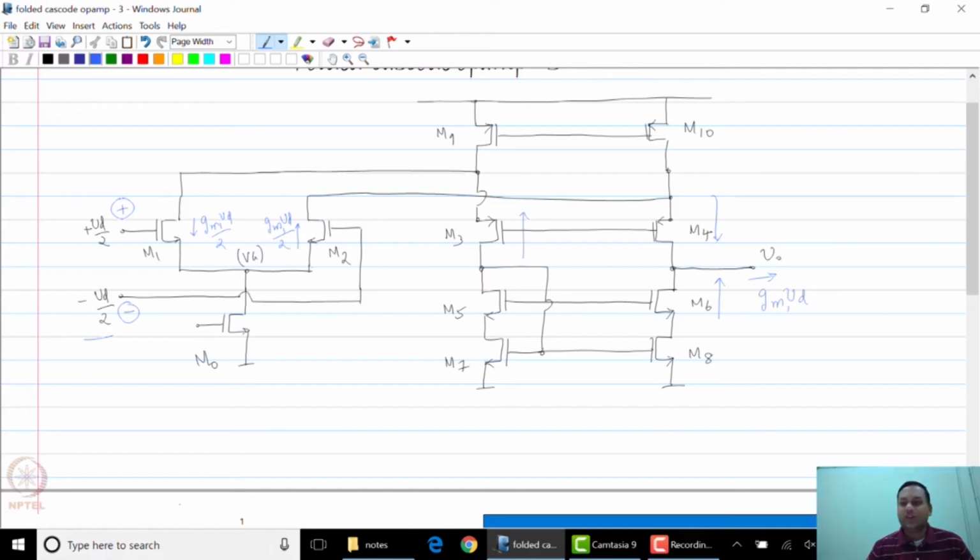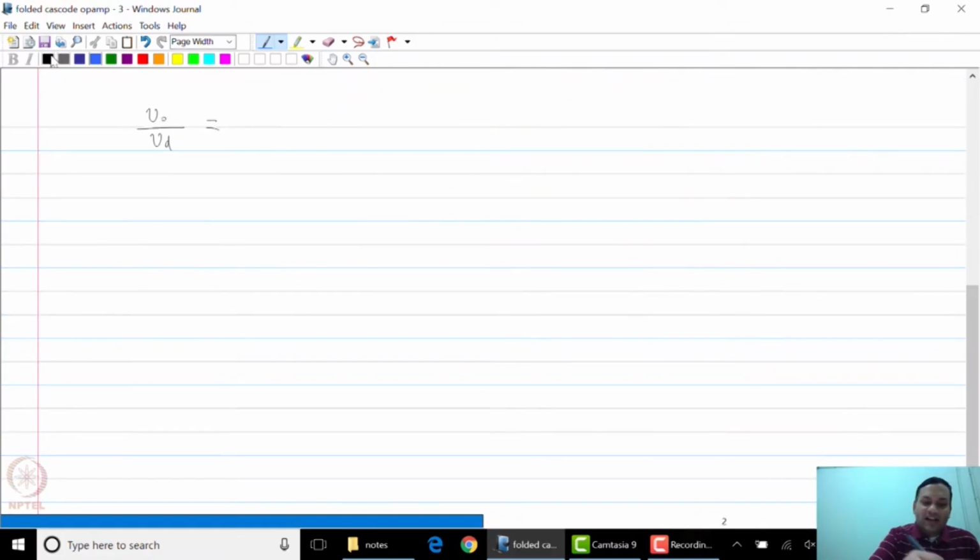Now, where does this current flow? This current flows through the total output impedance at the output node. For the DC gain, we will assume that there is no load, or if there exists any load, it is a capacitive load. And let us quickly calculate the expression for R out.